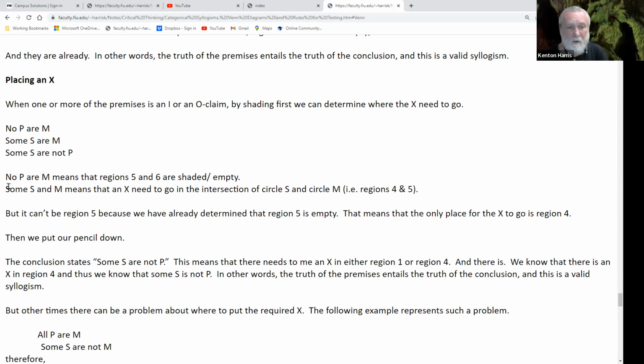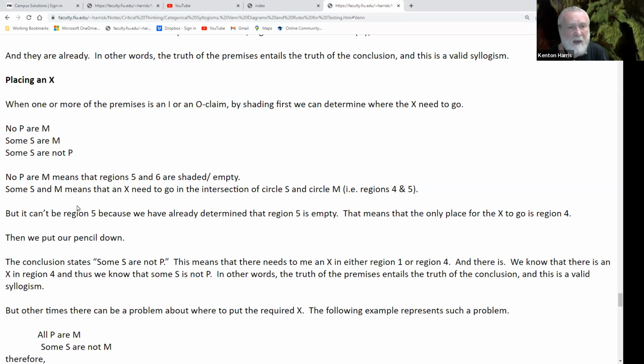But notice we would shade first, which means that regions 5 and 6 are empty. But now we have to put an X, and our minor premise says some S are M, typo there. That means an X needs to go in the intersection between the S circle and the M circle.